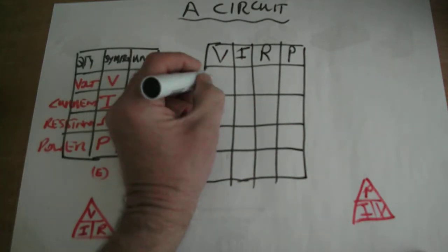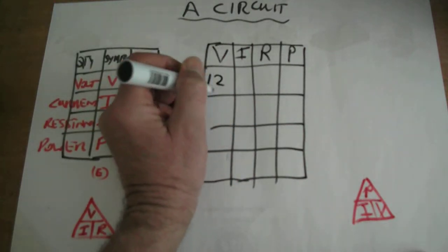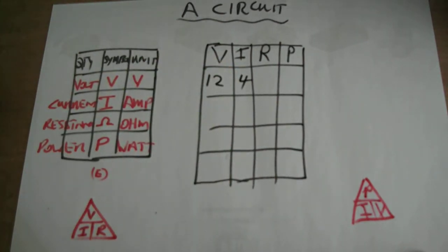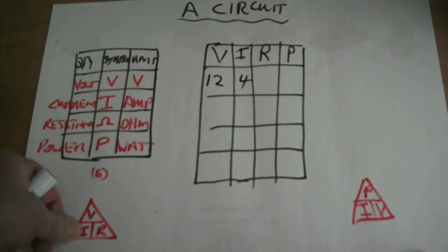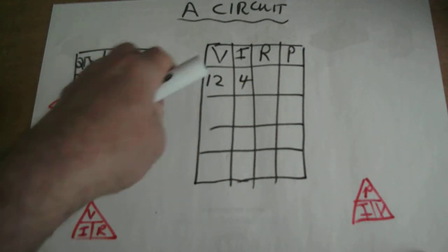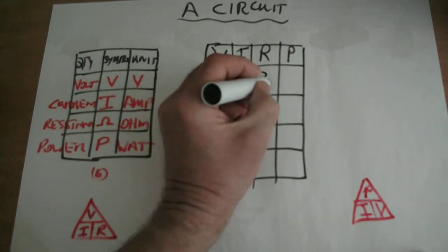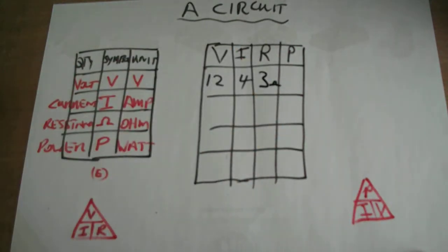So for example, if I have 12 volts and 4 amps flowing through the circuit, by looking at my little triangle here, I can work out resistance, because resistance is voltage divided by current. Voltage divided by current, V over I equals R. So I have 12 divided by 4 equals 3. So I know the resistance of this is 3 ohms.